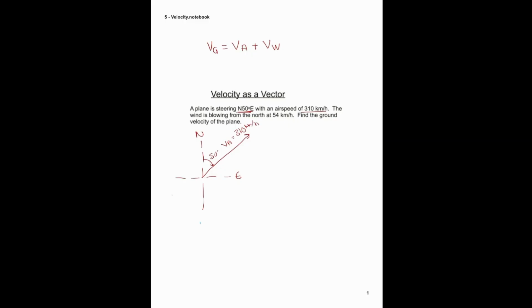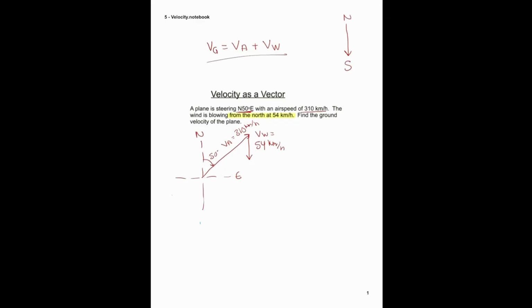Now, the wind is blowing from the north at 54 kilometers an hour. So what that means is it's coming from the north and blowing towards the south. So this wind vector is going to be heading straight south at 54 kilometers per hour. This is the velocity of the wind.